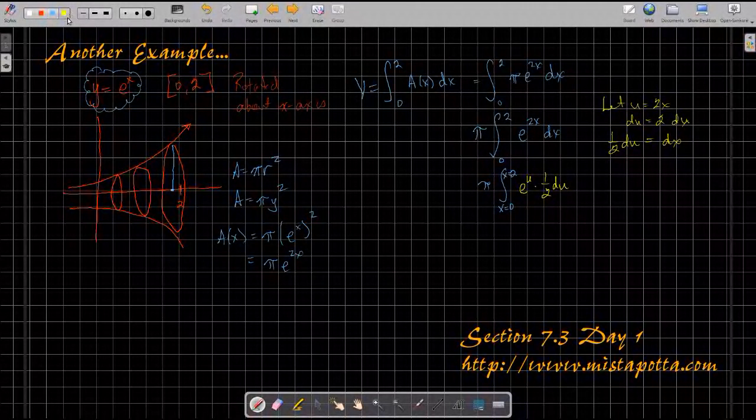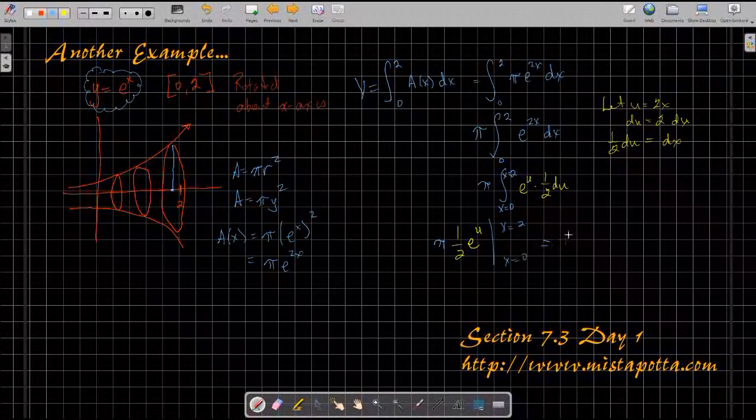So when I find the antiderivative, I get the 1/2 times e to the u times the pi, and I'm going to be evaluating this from x equals 0 to x equals 2. This isn't a function of x. I need to substitute back in for x.